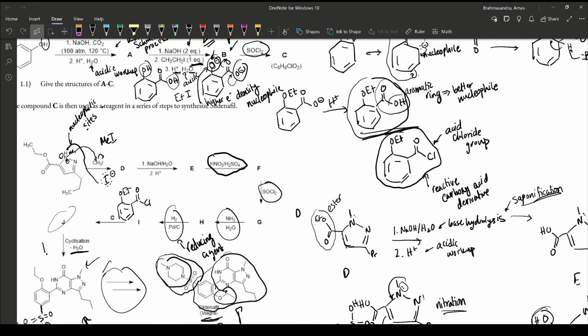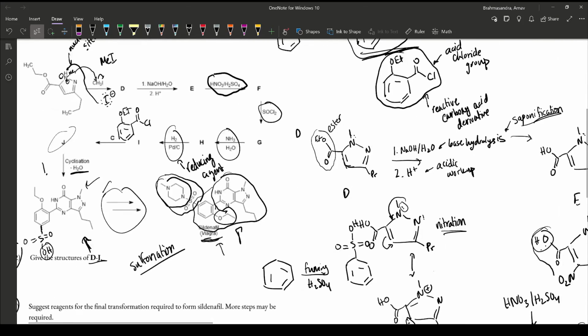If you remember, when we went from F to G, we took a carboxylic acid and made it an acid chloride, and then we added ammonia or some amine and converted this chloride group to an NH2 group. So basically the entire process went from an OH group to an NH2 group.